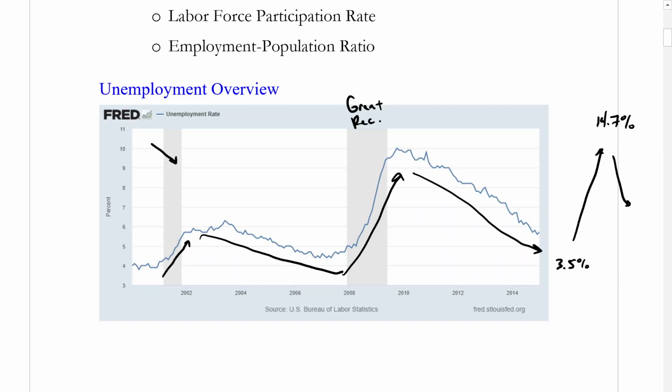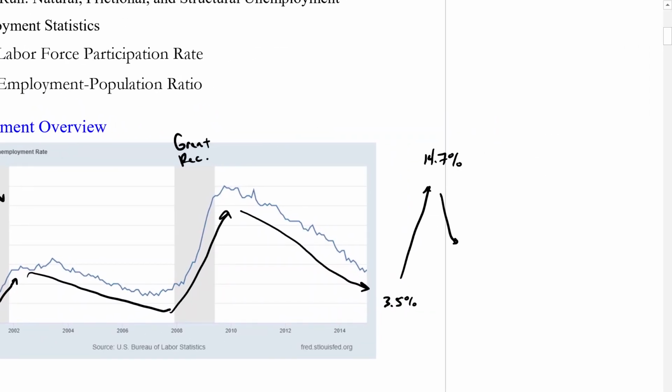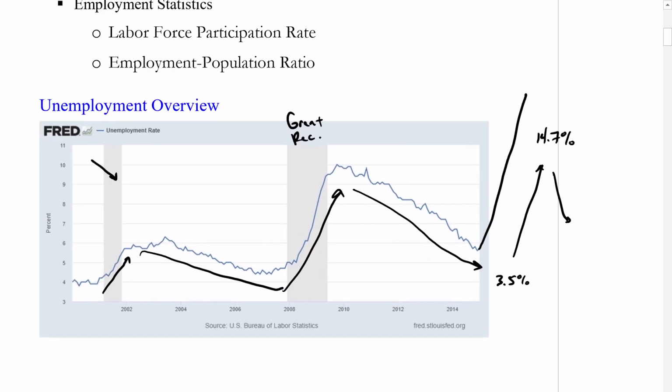Okay, so this is a little bit of a look at what unemployment has been doing. Actually, during COVID, this went way up, even past the scale of this, up to the 14.7, and then back down. So historic high unemployment rates back in 2020.